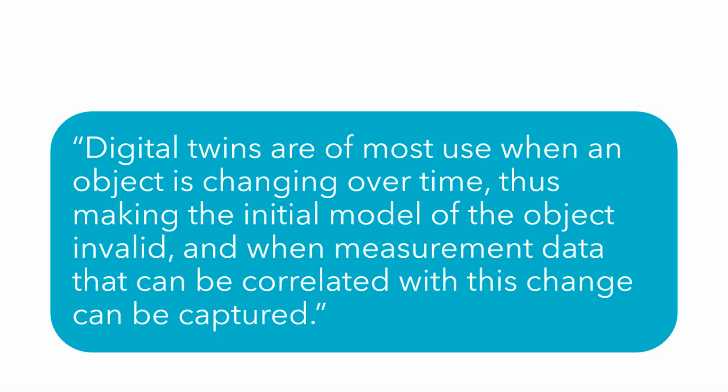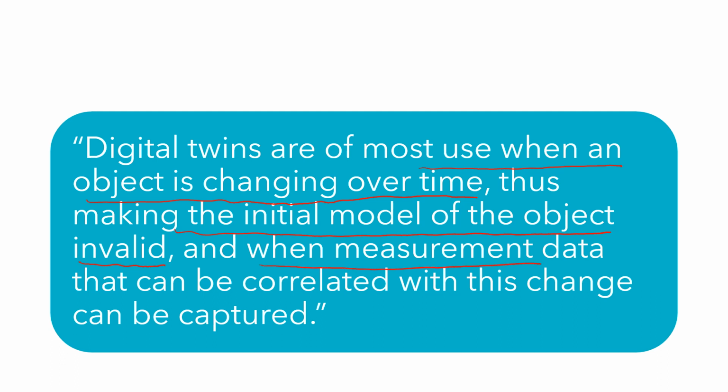Here is the quote defining the usefulness of digital twins. So digital twins are of most use when an object is changing over time. And of course, you can expect foods change over time, whether it's processing, storage, and so on, thus making the initial model of the object invalid. So if we have models for processing and the processing conditions change, then the initial model is invalid and we have to keep updating.